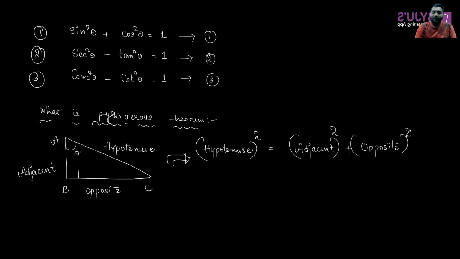Now from this Pythagoras theorem, in three different scenarios, we will divide by one side square after the other.